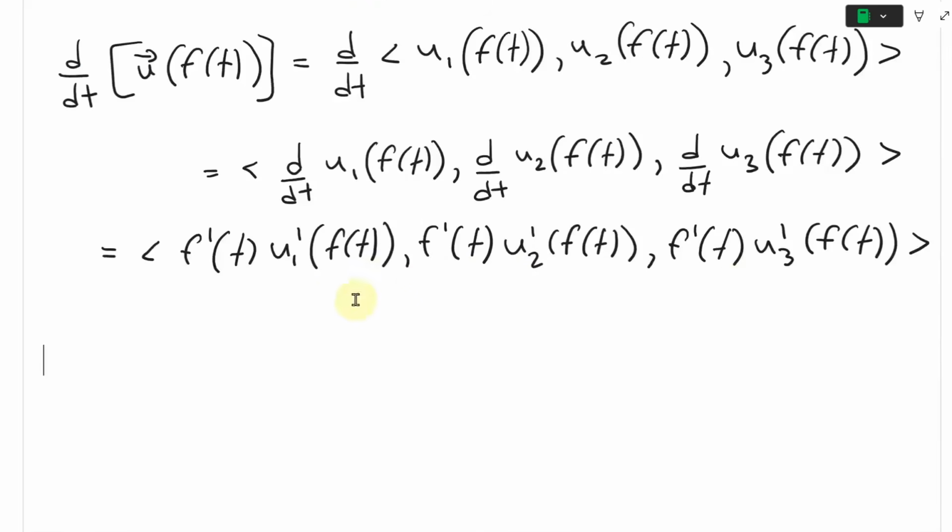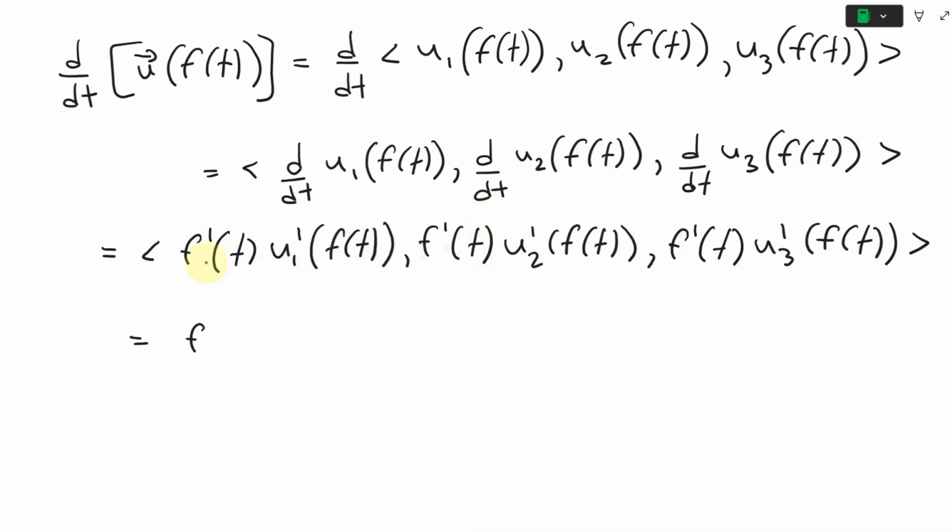Now this is pretty straightforward. We have f prime of t as a common factor, so we take it out of the whole vector.